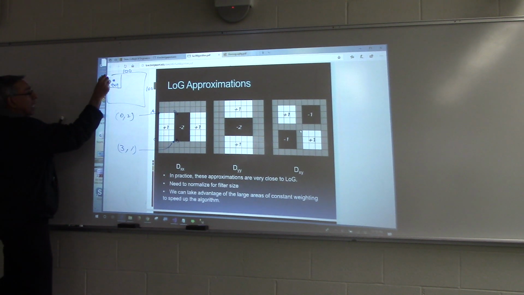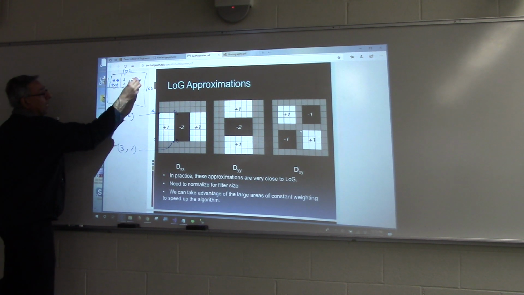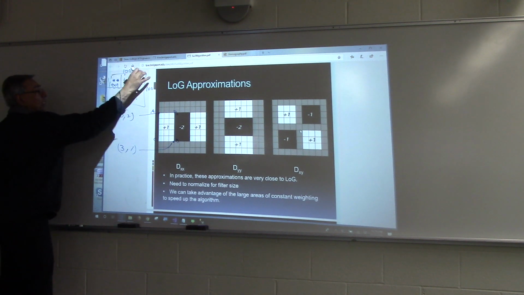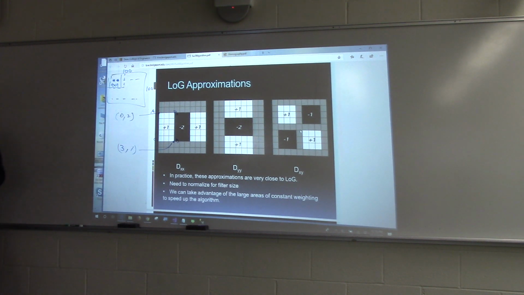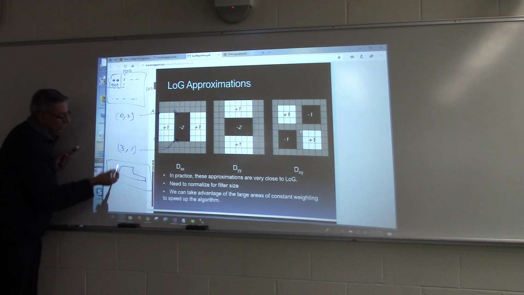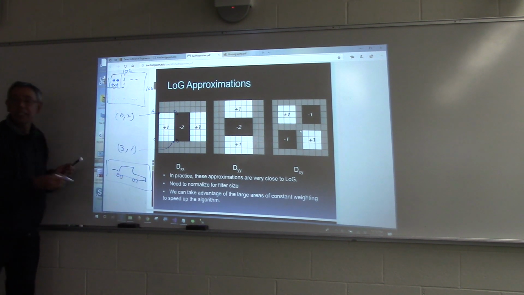Then you'll move this 9 by 9 filter 1 pixel to the right, and you'll get another one. So you are basically computing all the Dxx. Of course, at the boundary, it will not show us anything, and typically if we're looking at points of interest, there's nothing in the boundaries anyway, so it doesn't hurt us.